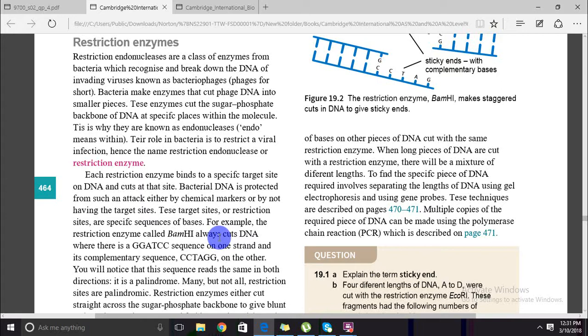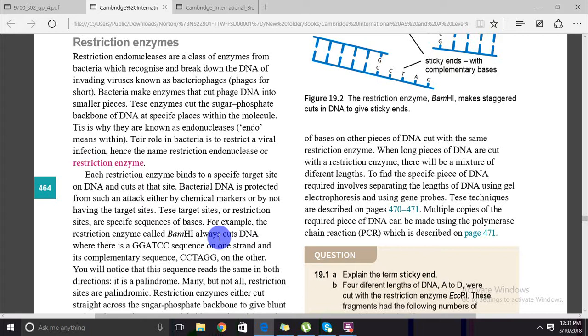And how do we separate those fragments? Because we just want one particular fragment and not the whole mixture. We use something called gel electrophoresis and gene probes.